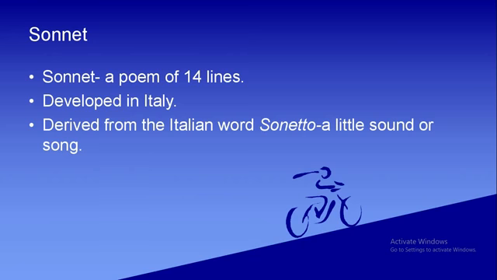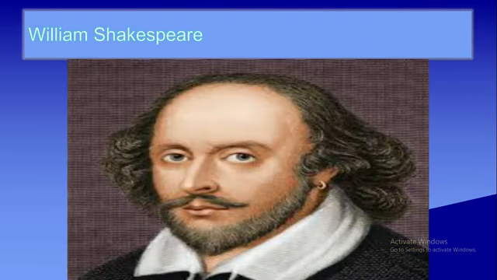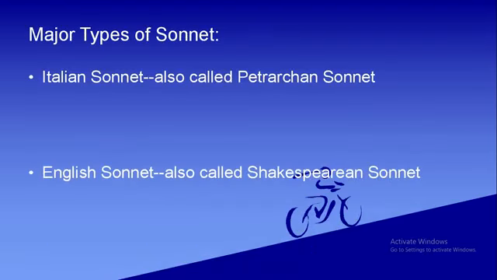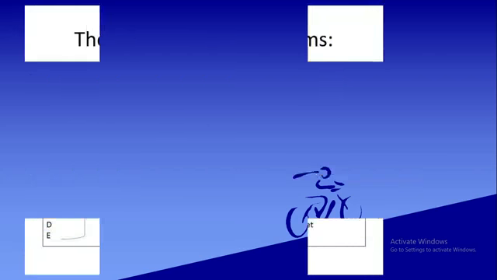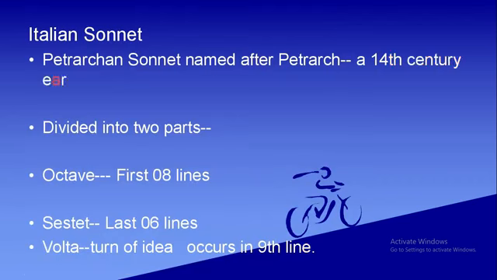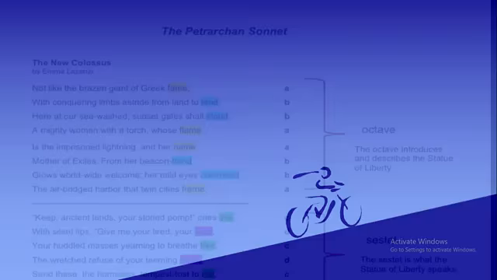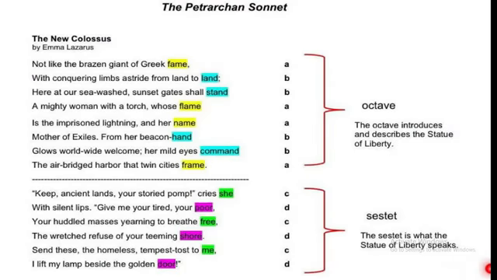Today I am going to discuss a very important topic, that is poetic forms and poetic devices. Dear friends, a basic knowledge of the poetic forms and poetic devices is essential for the better understanding of literature, especially English literature.